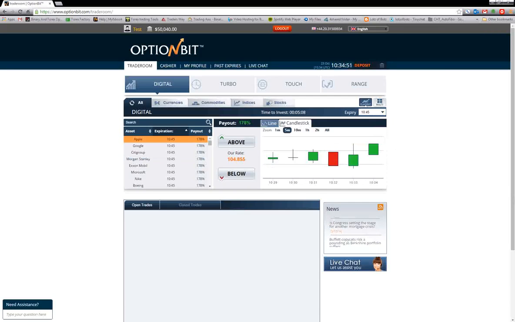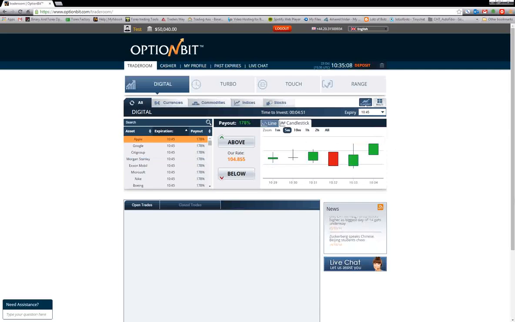Now, if price touches that level and stays above it, yay. This is a higher payout because it's a little bit more complicated type of trade. But you're basically looking to see if the price chosen will reach or surpass the predetermined price level that they give you.